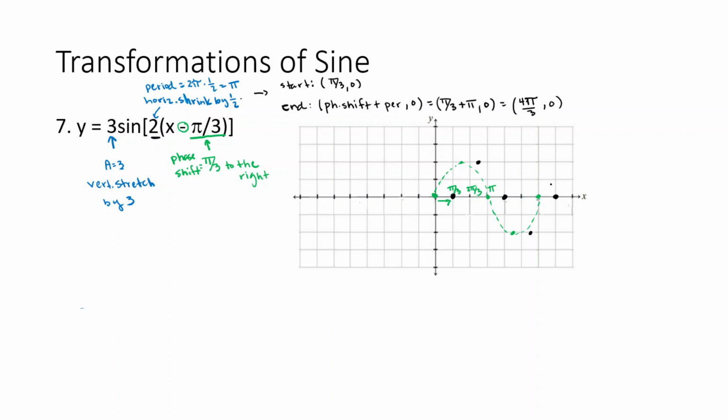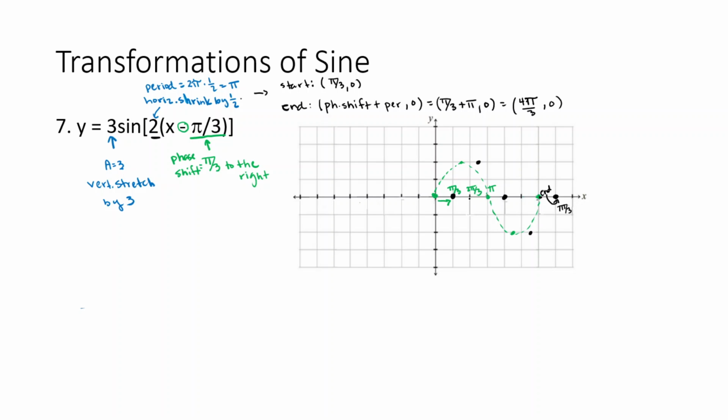Okay, so now let's see, from my graph here why that is. Well, I need to take this ending, now that I have shifted it, this right here was my end. And that's at 1, 2, 3, 4, 5, 6, 7 pi thirds. Well, I need to cut that in half.